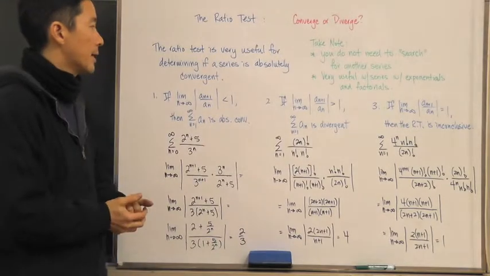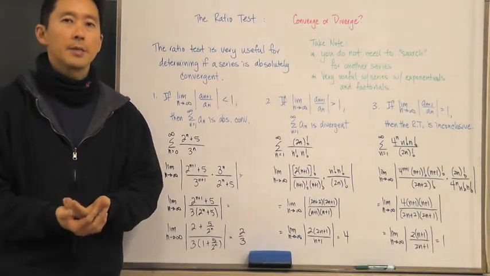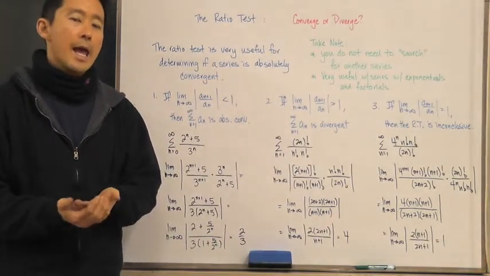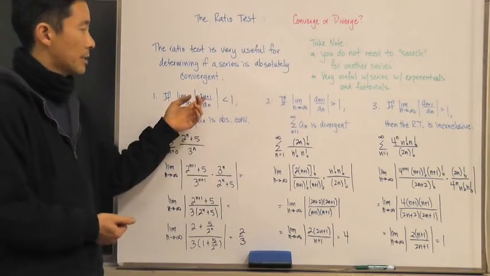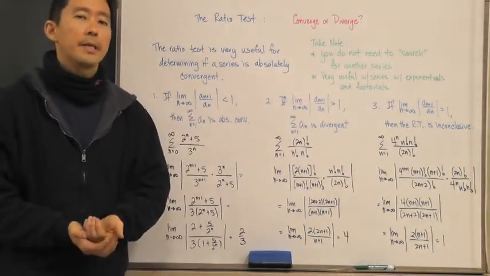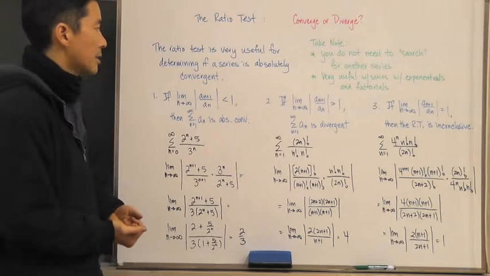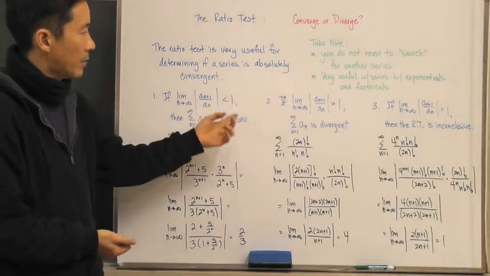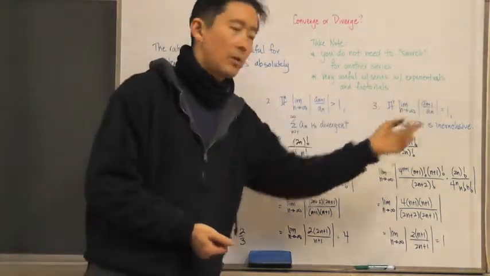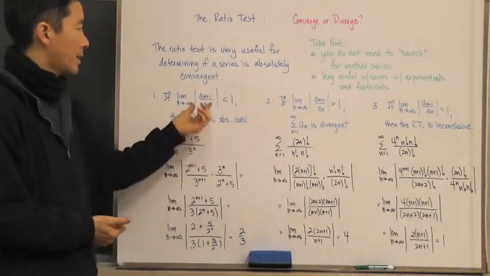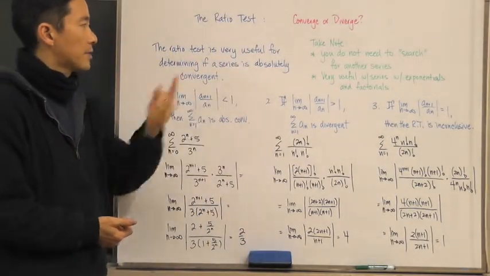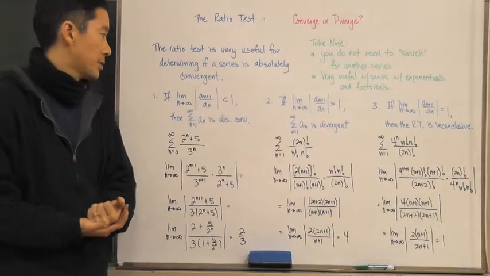We only need to take the series that was actually given to us and use the nth plus 1 term divided by the nth term, and then determine whether or not it is less than 1, greater than 1, or equal to 1. And notice that we have the absolute value here so that we can test for absolute convergence.